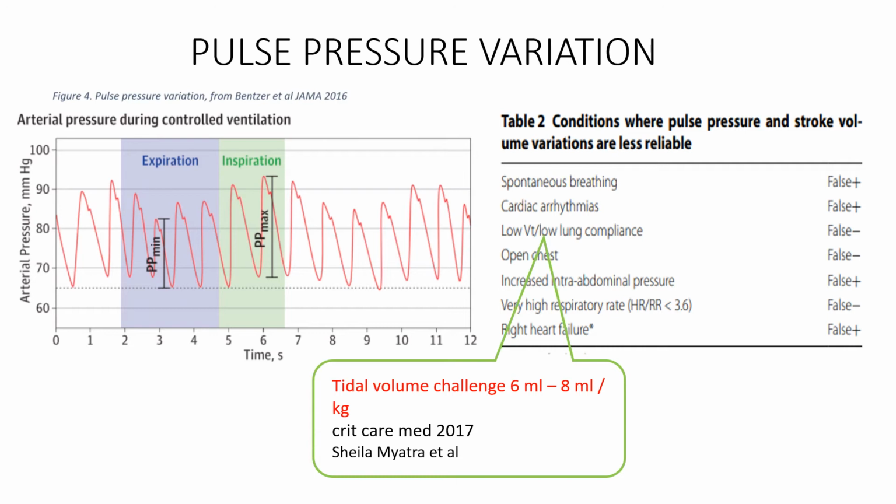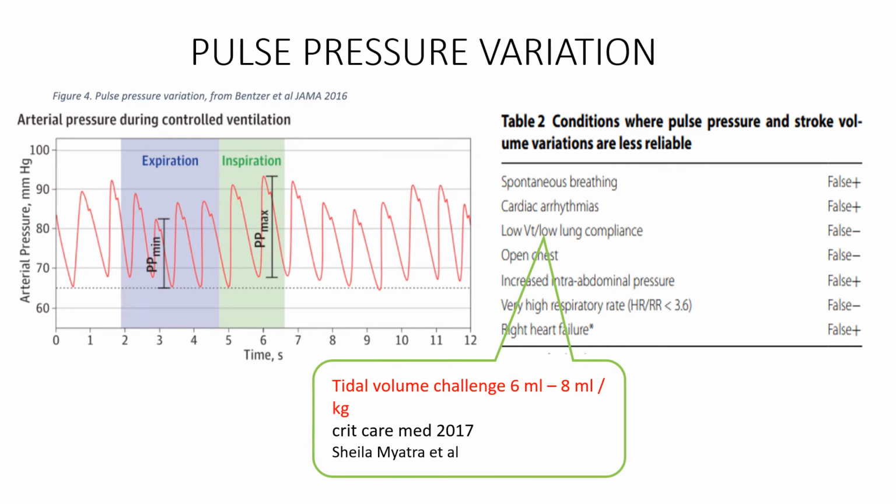And this patient on ventilator is normally getting 6 ml per kg, because those are the recommendations, especially in ARDS. So you can perform a tidal volume challenge, increasing your tidal volume from 6 ml to 8 ml per kg for a minute, and then see the change in your pulse pressure variation or your stroke volume variation, which should increase by approximately 3 to 4%. And if that is the case, that means your patient is responsive to fluids, and that is called the tidal volume challenge, because normally the patient is on 6 ml and you need 8 ml per kg to do this test.